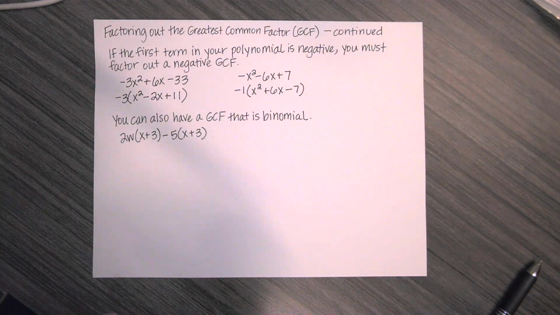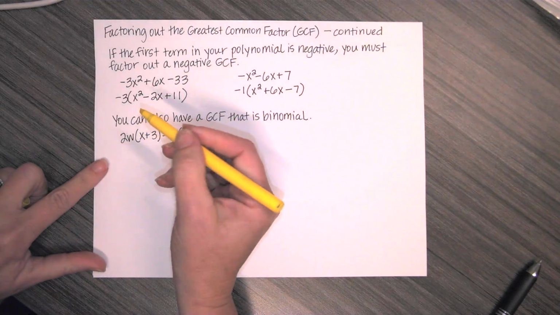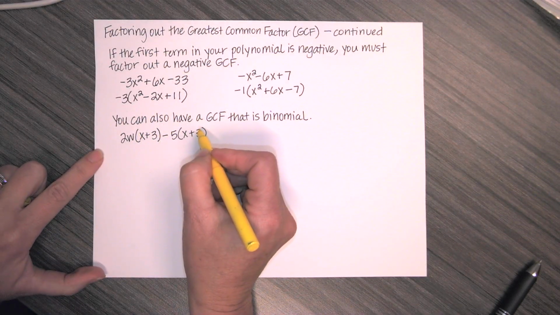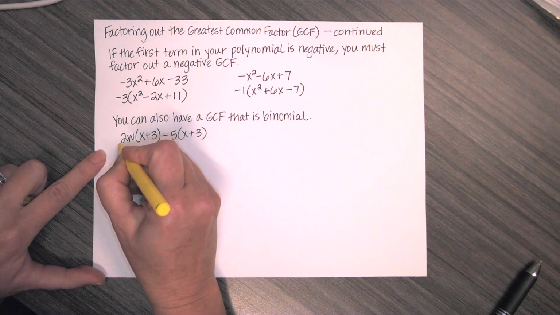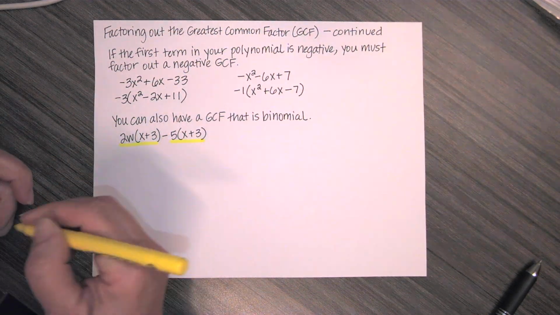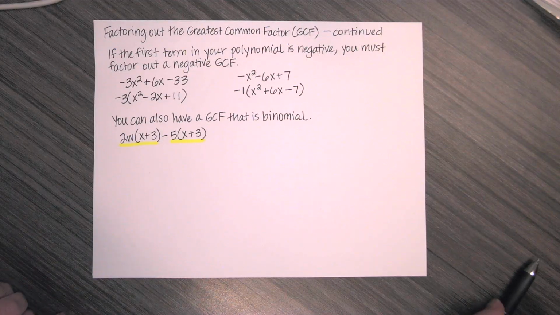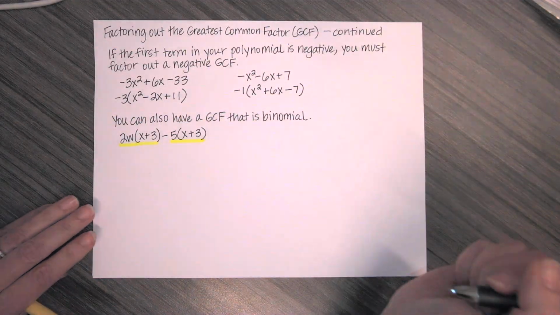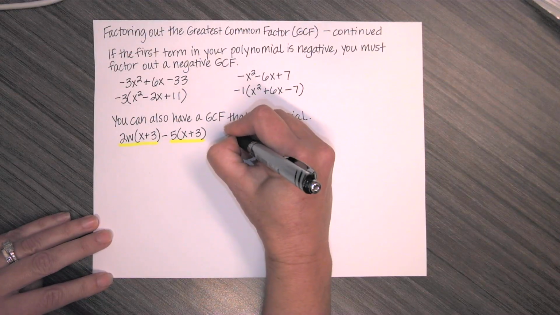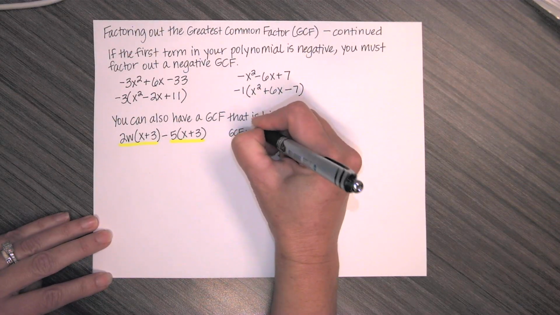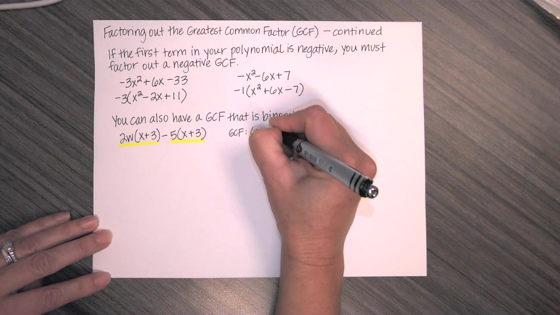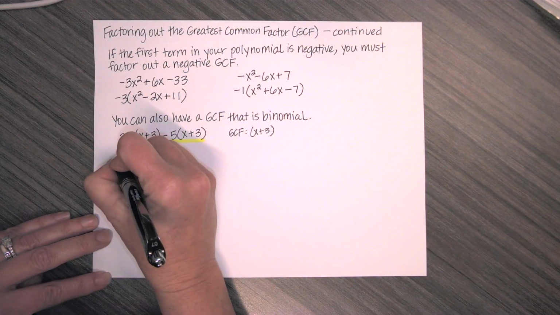And what you might notice here is that we have an x plus 3 here and an x plus 3 here. I want you to think of this as one big thing and this as one big thing. What do these two things have in common? They have an x plus 3 in common. So they have a greatest common factor of x plus 3, and so we can factor out an x plus 3.